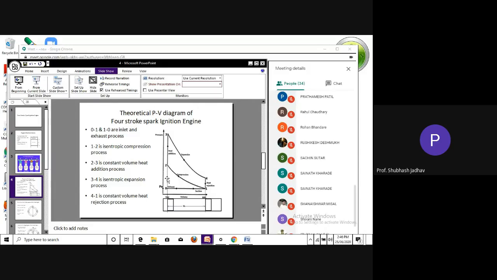This will be your process, which is an open process. And since the process is open, it cannot be analyzed thermodynamically.